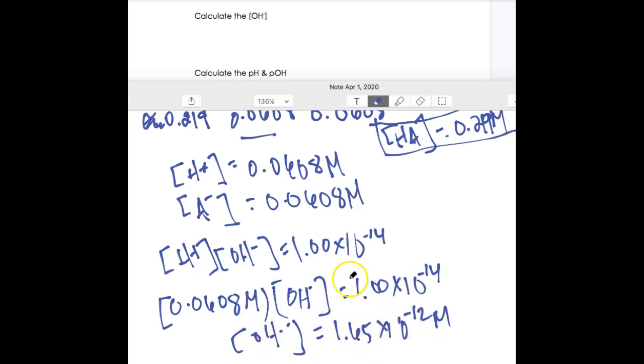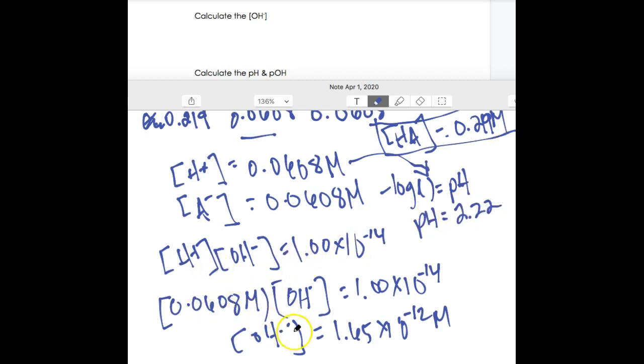Okay, so that is the concentration of OH. And then how do you find the pH and pOH? We learned that in the last lesson. If you take the negative log of the H plus concentration, that's going to give you the pH. When you do that, see if you can do it in your calculator, you should get a pH of 2.22.